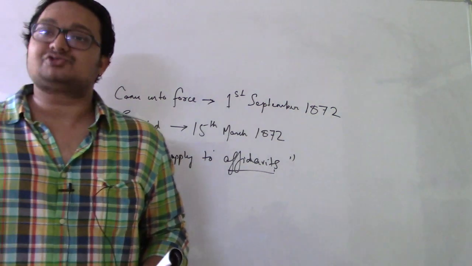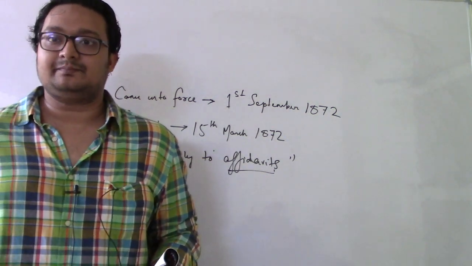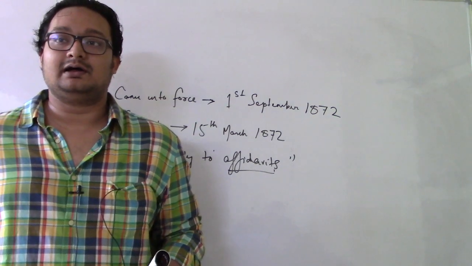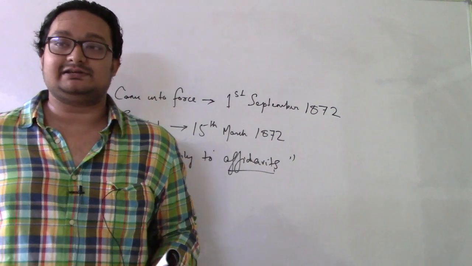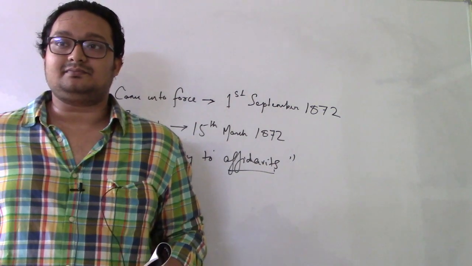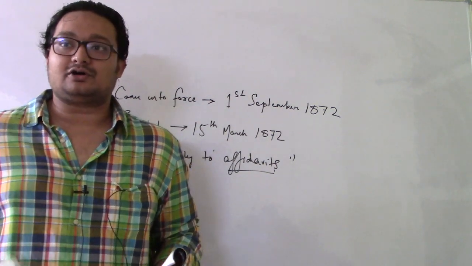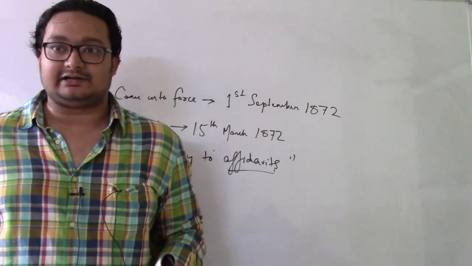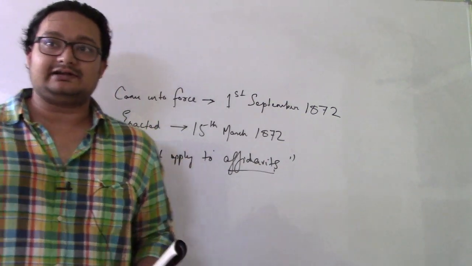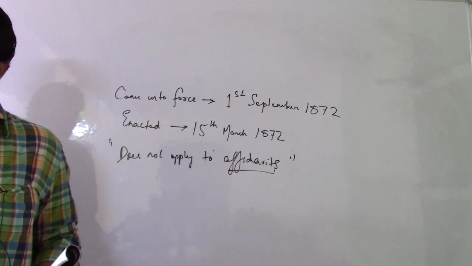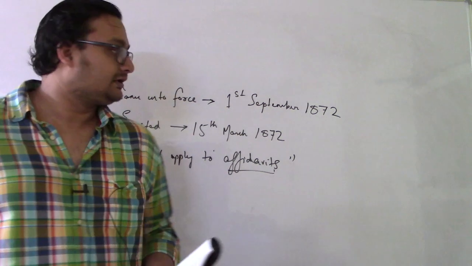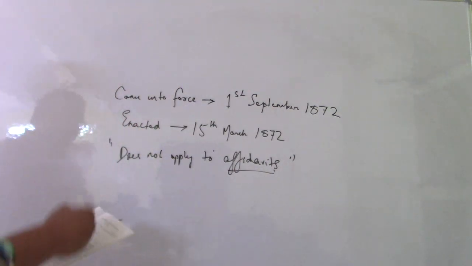Having said that, although it is mentioned that affidavits are not included in evidence, if the court allows the presentation of affidavits, under which provision? Under which provision can affidavits be allowed? In CPC? Sir, Order 18 read with Order 19. Remember that. Order 19 defines affidavits. Order 18 talks about presentation of affidavits during the proceedings. So, does not apply to affidavits.